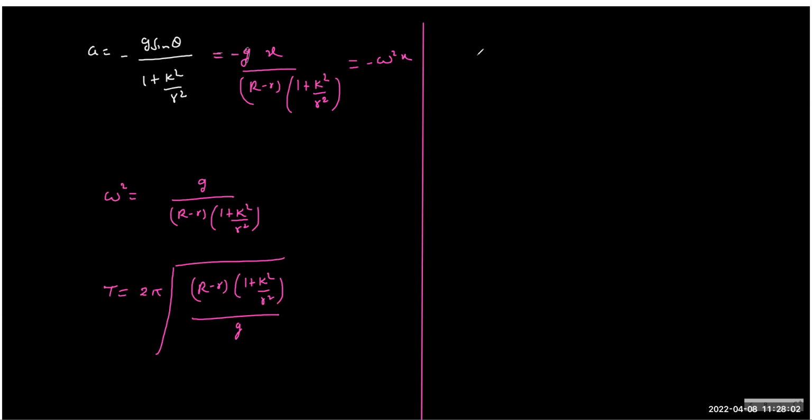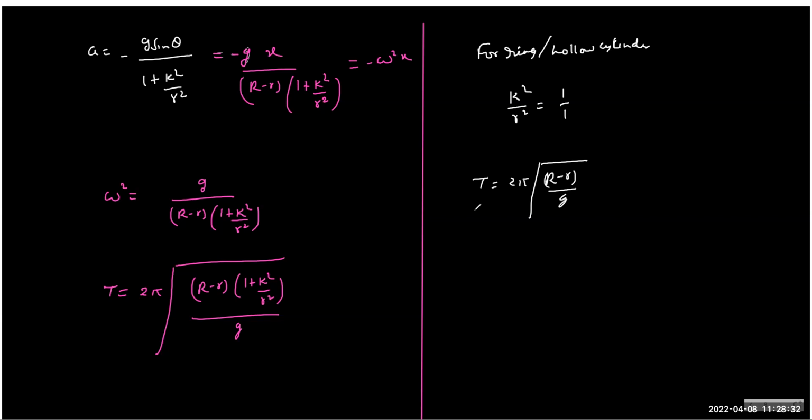So let's say for a ring or hollow cylinder, you can easily write the answer. The k square by r square will be how much? 1. So the time period becomes 2 pi under root of 2(R minus r) by g.